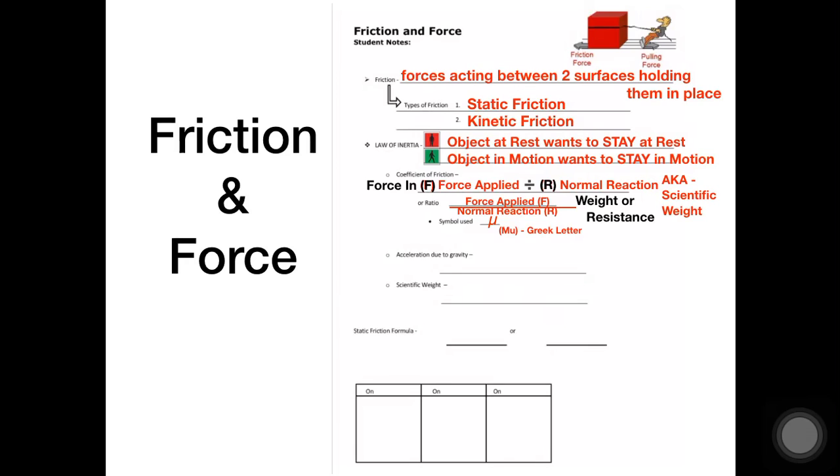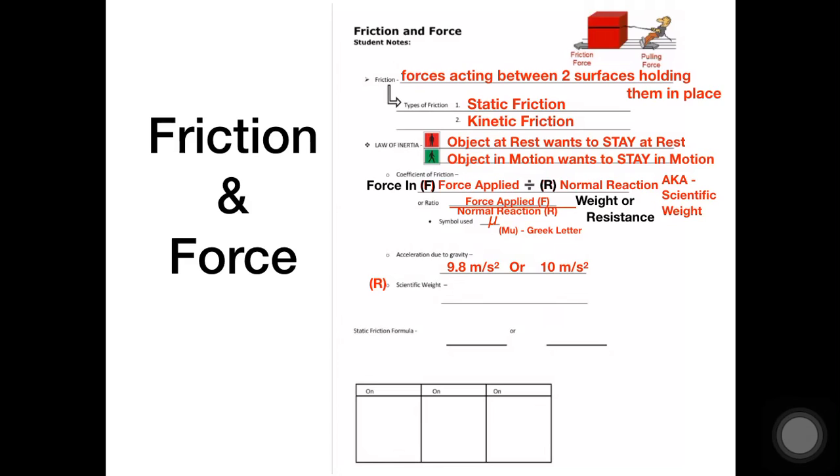Acceleration due to gravity is how fast gravity pulls something to the earth when it is dropped. It also has to do with that pull to the earth. So even if something's not falling, the earth still has a pull on it. The number for acceleration due to gravity is 9.8 meters per second squared.